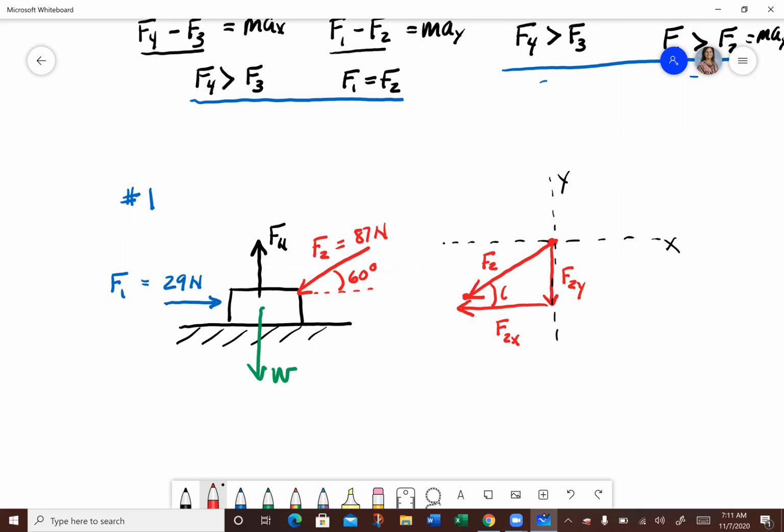This angle is 60 degrees here. I definitely could have done it going across and then down. That's perfectly fine. This would be my 60 degrees in that case. Either scenario is fine. It just matters on what you label as cosine and sine and what angles you might have, right?